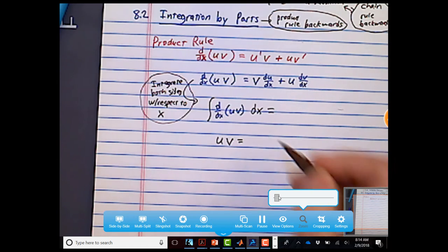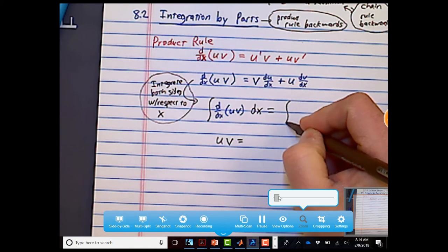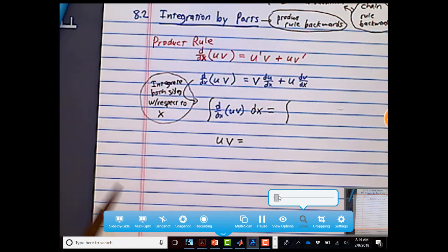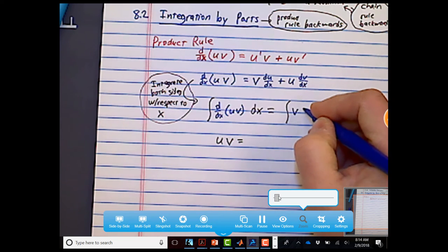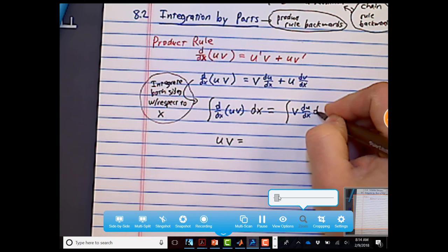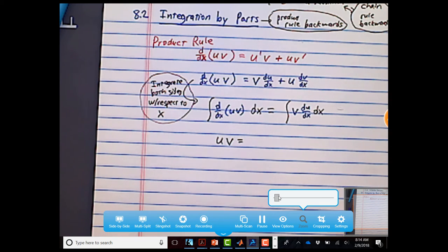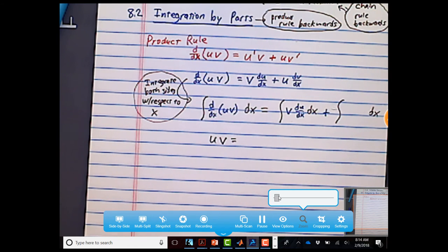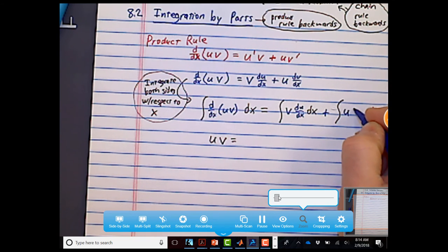Now on the right-hand side, I have the integral of v times du dx dx plus the integral, again with respect to x, of u dv dx.